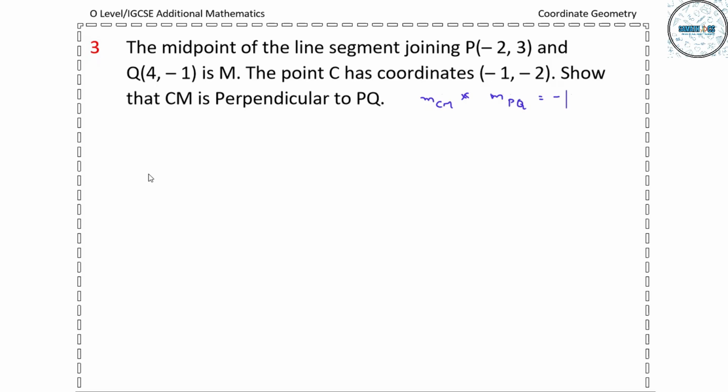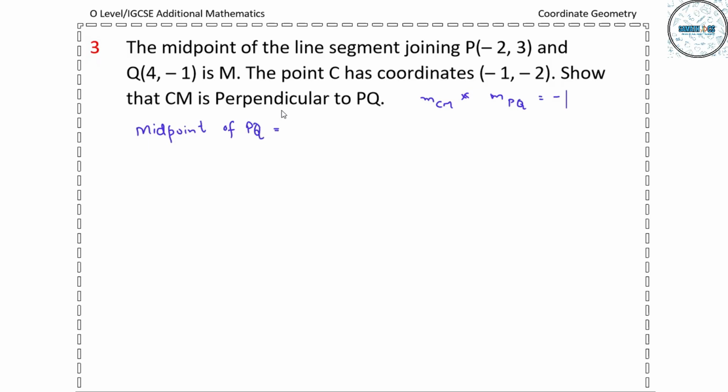Before finding out the gradient, we have to find out the coordinates of M, which is the midpoint of the line joining P and Q. So midpoint of PQ, we have already done this concept in the previous video.